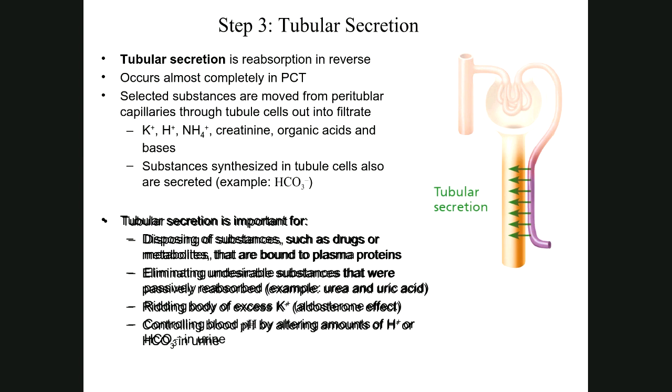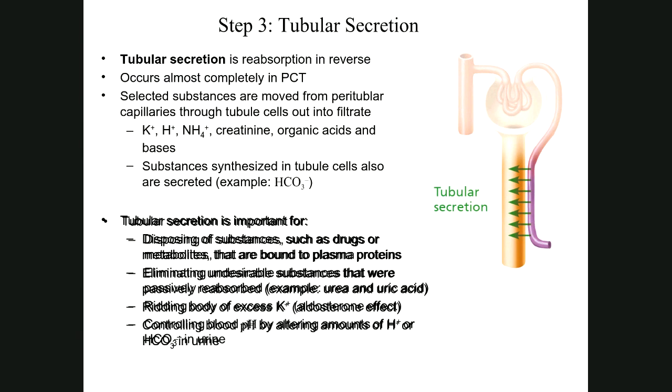And this is very important, the secretion, because drug metabolites are eliminated, and undesirable substances that were passively reabsorbed, for example urea and uric acid, are gotten rid of, as well as the excess of potassium due to the aldosterone effect. It also controls the blood pH by altering the amount of protons or bicarbonate.